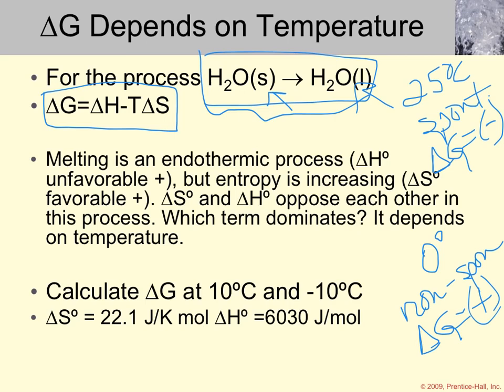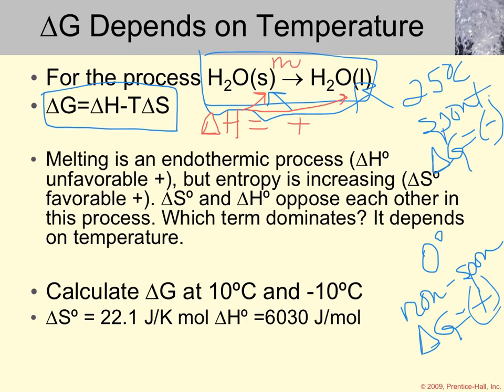So let's prove that with some calculations. First of all, let's evaluate the situation. What is the change in enthalpy for this process, going from a solid to a liquid? I'm hoping that you realize that it is an endothermic process.